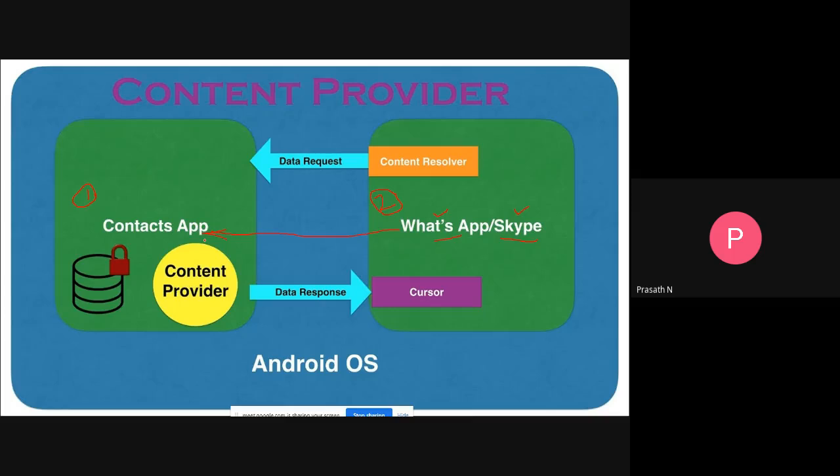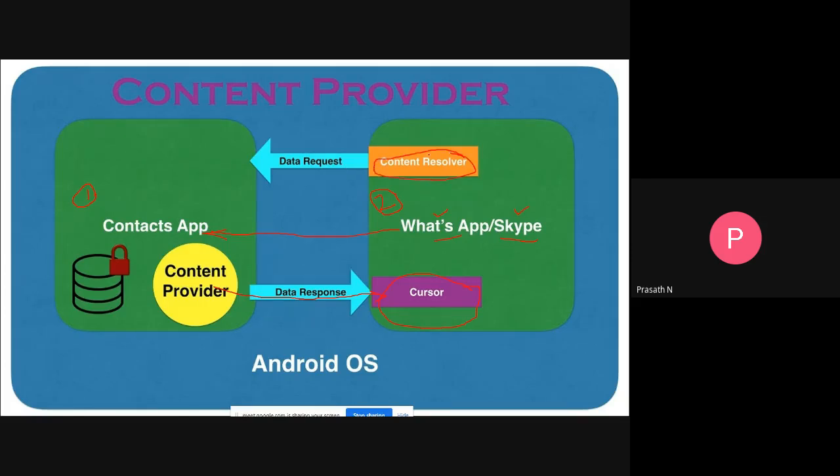Upon verifying the request, they provide a response with the help of the cursor class. From app one, they provide the content in terms of a data response model with the help of a cursor class.